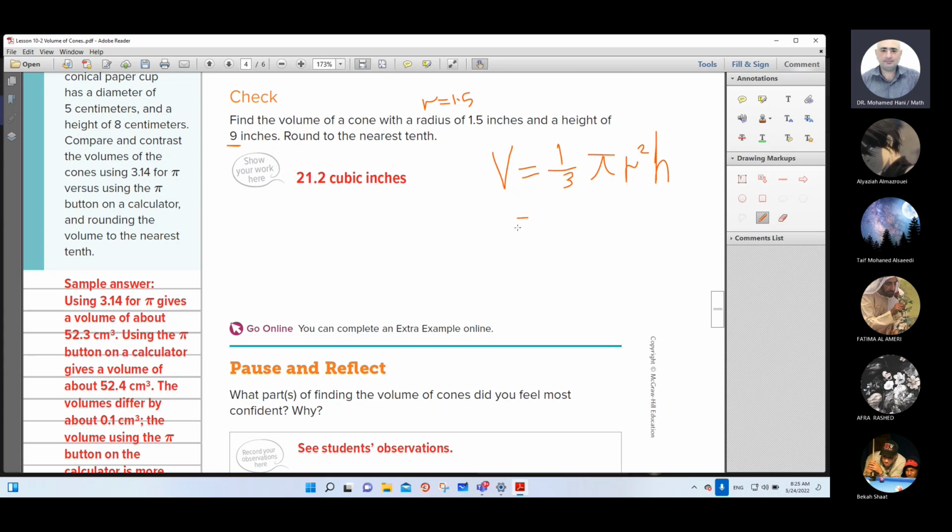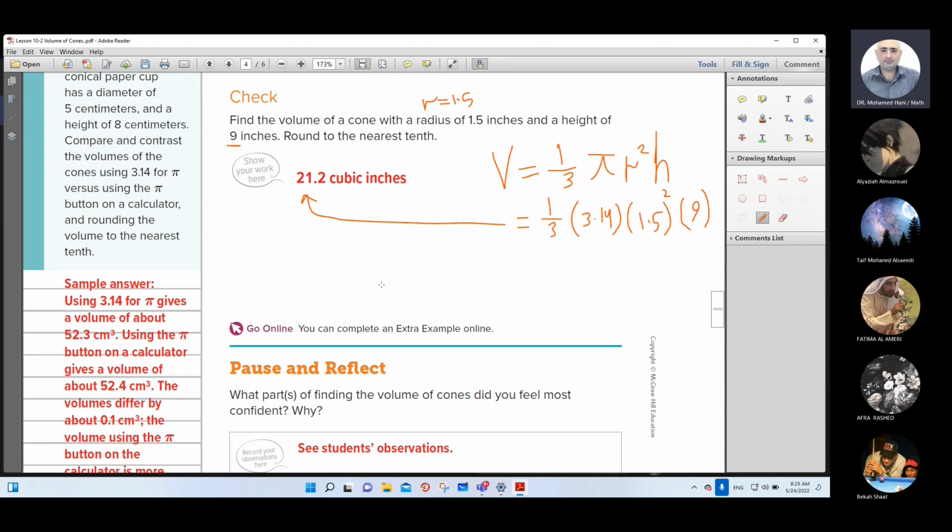Then substitute the values. 1 over 3 times the value of pi, 3.14, times the value of r, 1.5, squared, times the value of h, which is 9. So the answer will be 21.2 cubic inches. So this is the method to solve the volume of the cone.